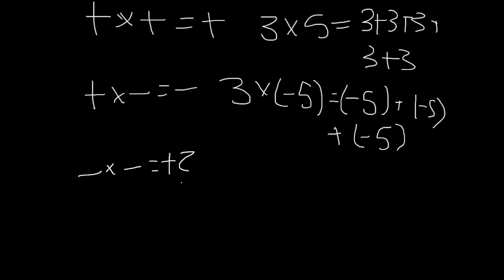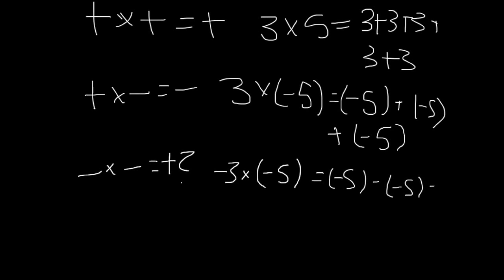Now, if the 3 is negative, it pretty much means for you to take away 3 groups of -5, which basically will equal positive 15. So basically what happens is you take away every single negative number by that -3.